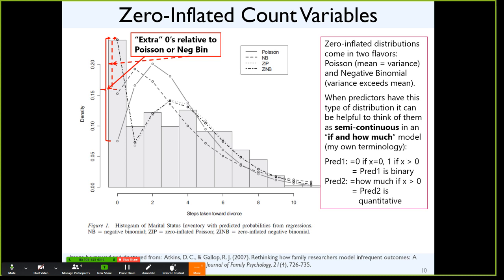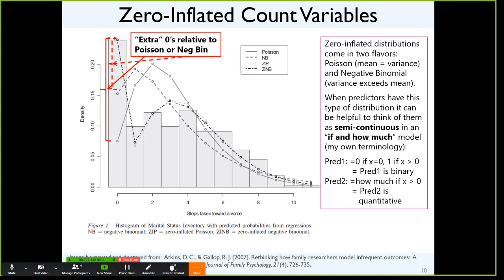So there's a lot of variables that take this form. When it's an outcome, we can use these sorts of distributions to predict it. When it's a predictor, we would want to pay attention to the idea that we have an if potential variable lurking in there as well as a how much variable for the quantitative part. So yeah, I just wanted to show you pictures. The reason I wanted to do that is because everything after this is going to be based on only one picture.